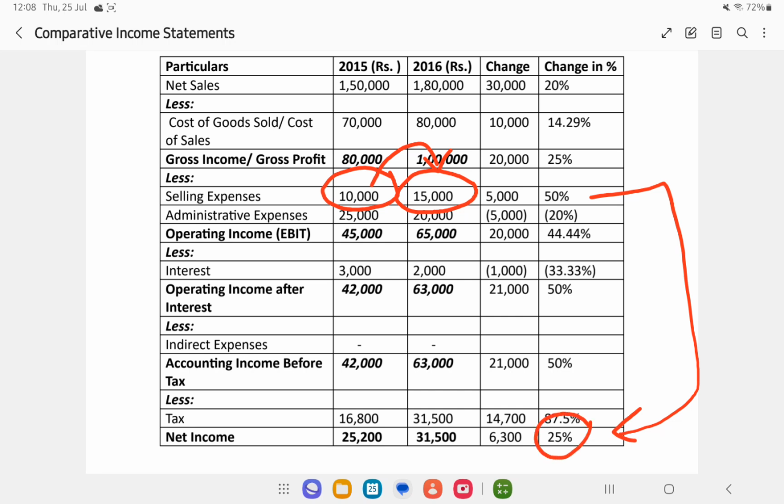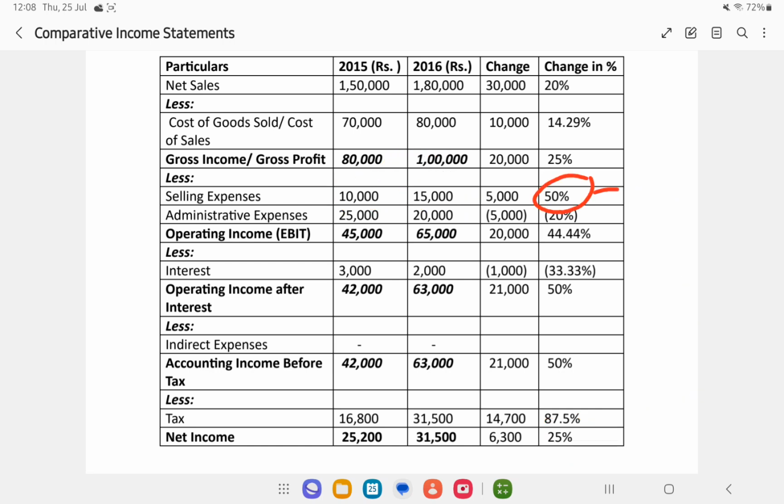So from that, what we can understand, by increasing our selling expense, see, selling expense increase means what? We are contributing or motivating more sales, right? We are advertising, we are giving it to salesmen or something like that. Somehow we made a selling expense, means we put our amount in to boost our sales.